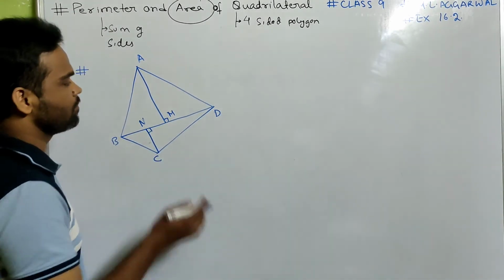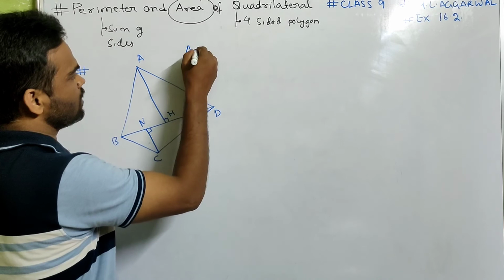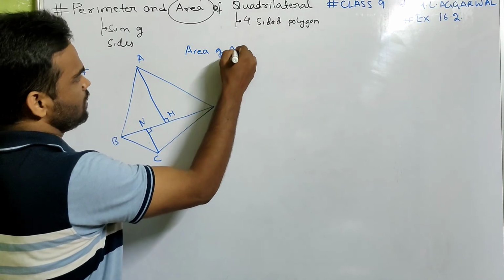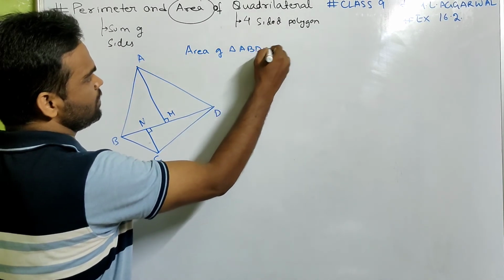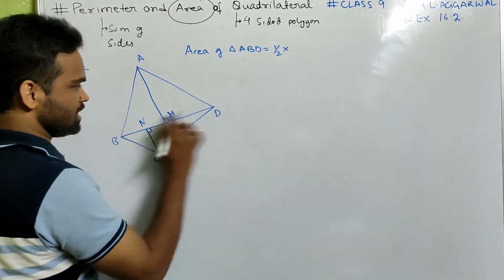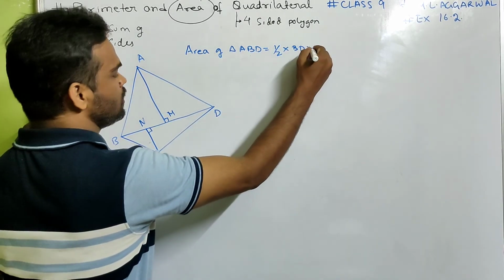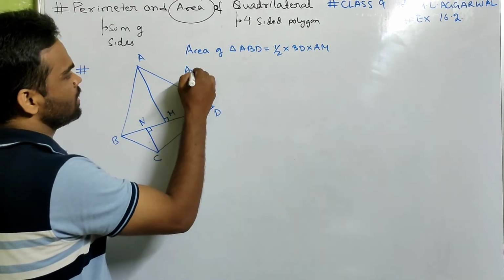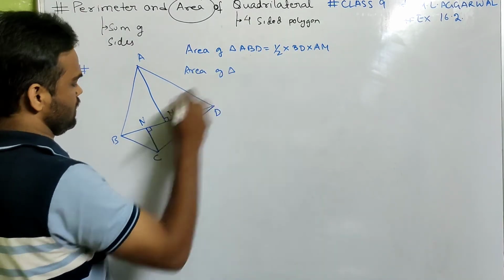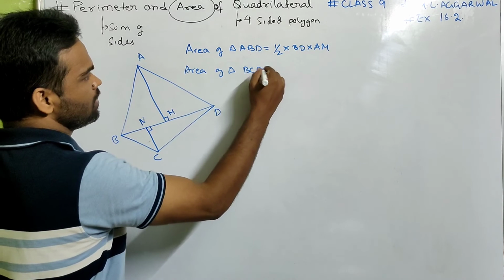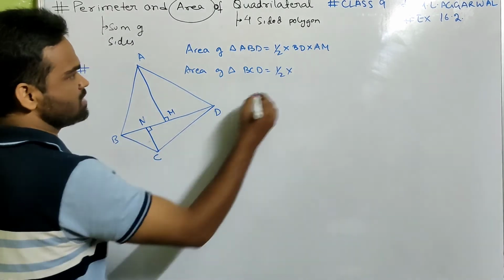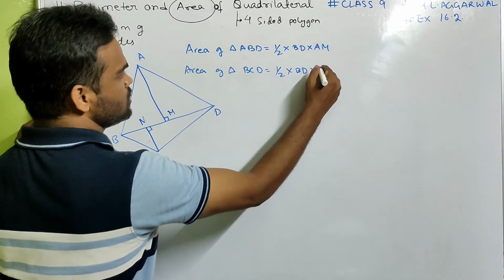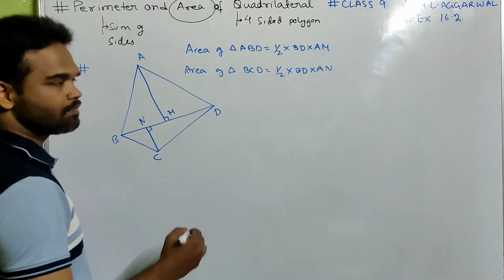The area of triangle ABD will be half into base, which is BD, into height, which is AM, and the area of triangle BCD similarly will be half into base BD into CN, isn't it?